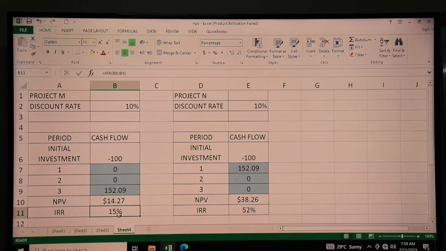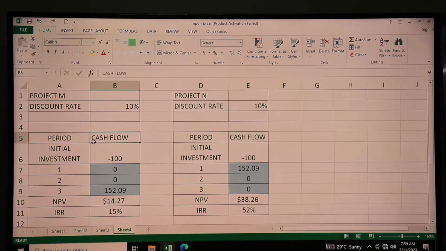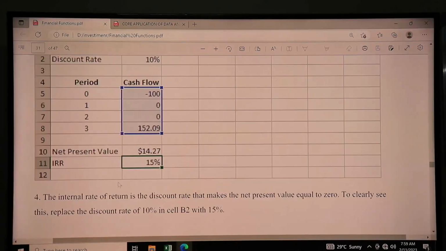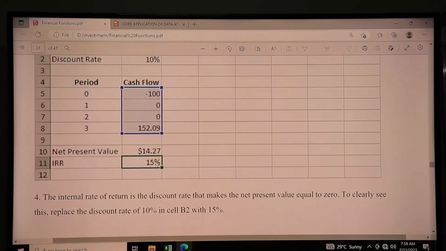First, this one will help us to know that the second project is better than the first project. Number two, if you're using the internal rate of return, then you can conclude in this manner: when the internal rate of return is higher than the discount rate, then automatically we say that the project is viable.